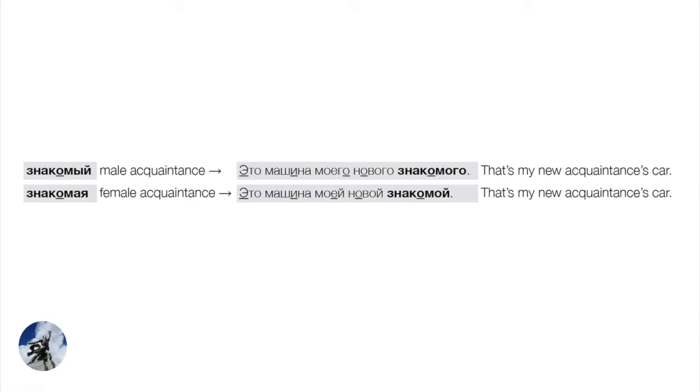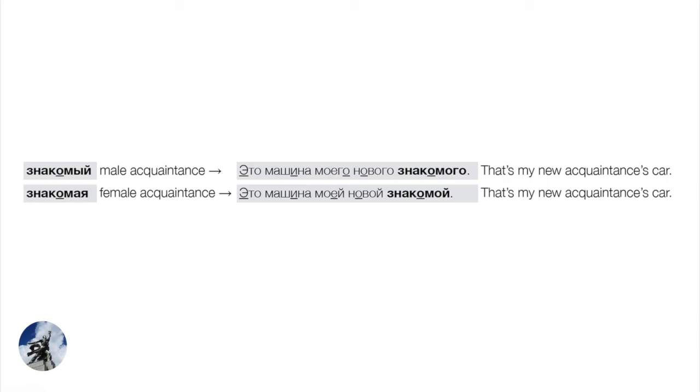Okay, so we'll see other examples of this later. It's not actually that unusual in Russian. Now remember, znakomy literally means known or familiar, right? So znakomy is a male acquaintance, some male person who's known. A female would be znakomaya, right?